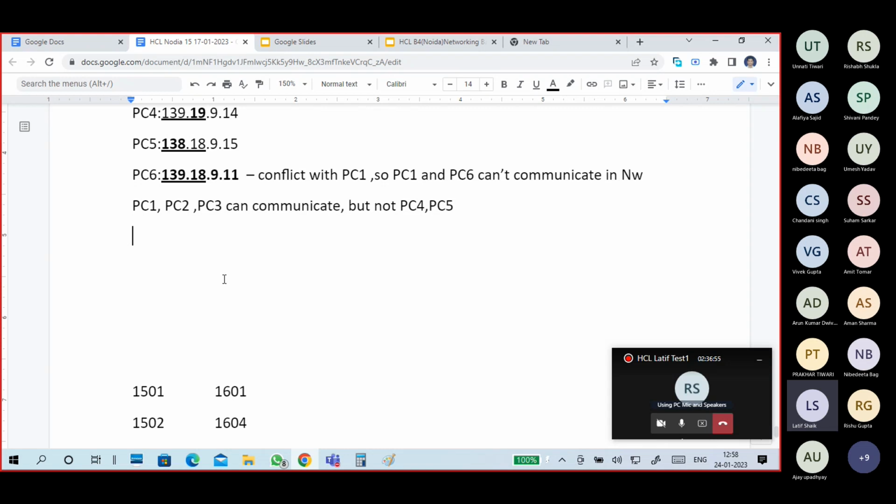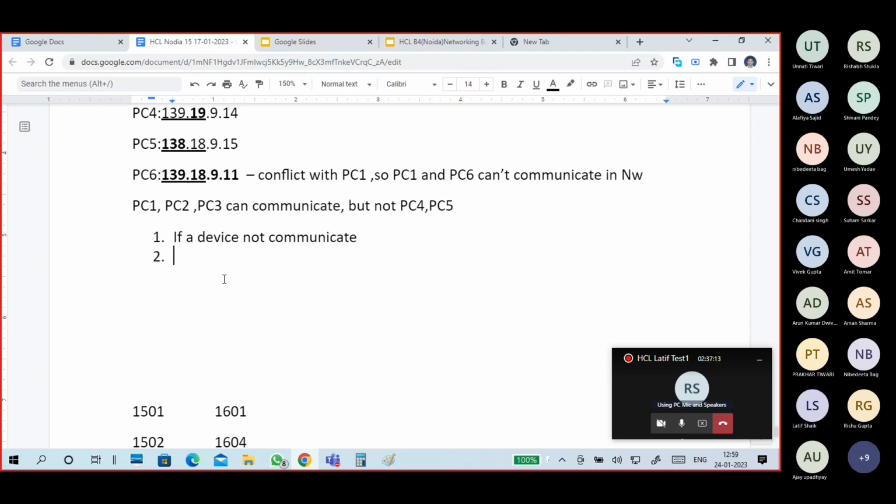So in troubleshooting, if two devices, or a device, are not communicating, first of all, physical connectivity does not mean wired connectivity, guys.